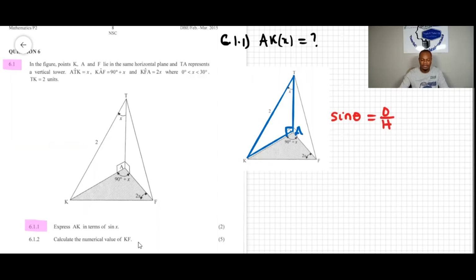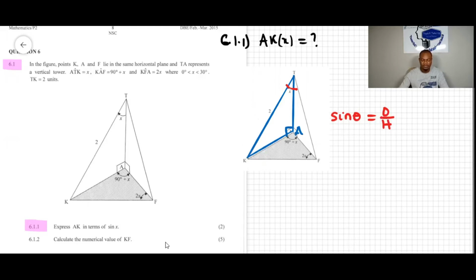The angle we're looking for is X, so we need to express AK in terms of X. The opposite of the angle X is this side AK, and the hypotenuse is the longer side, that one.